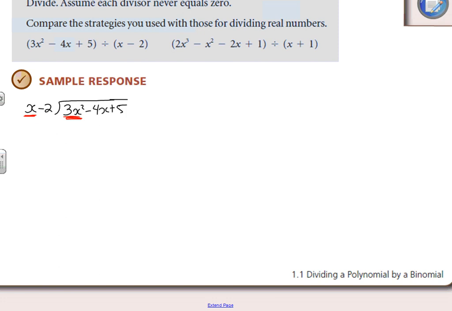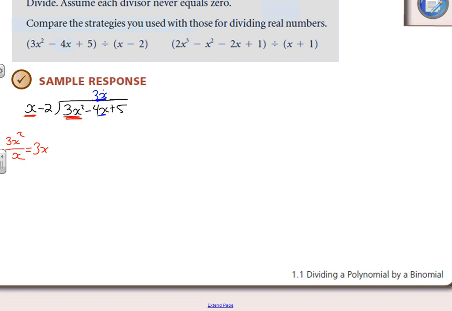Or I'm going to take it on the side, and I'm going to do it over here. 3x squared divided by x, exactly like I did with the numbers in that first example. 3x squared divided by x, that leaves us with 3x. That's what I'm going to bring up on top, 3x. I like to keep my x's and x squareds and everything lined up. So I'm going to put the 3x right here, above the 4x.